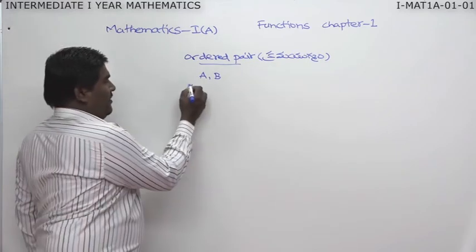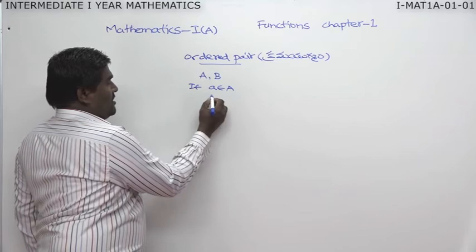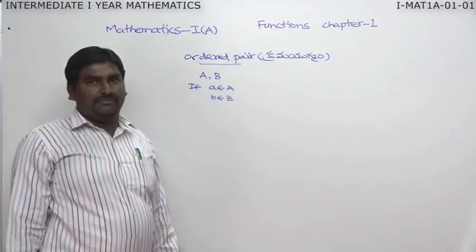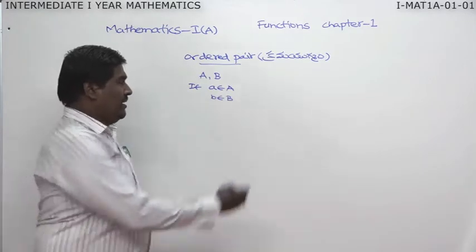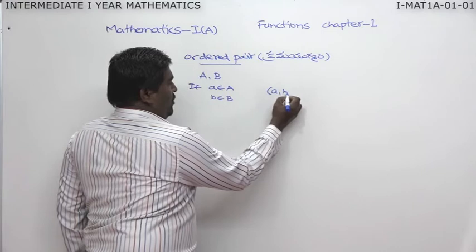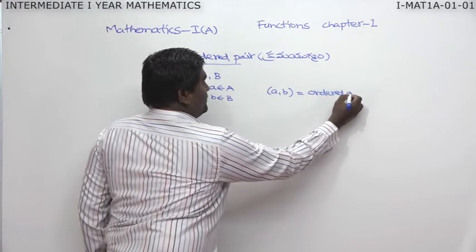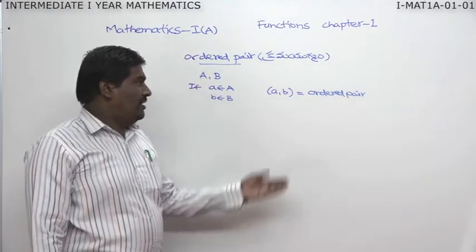If small a is an element in set A, and small b is an element in set B, then for these two elements, (a, b) is called the ordered pair. This is the notation of an ordered pair.